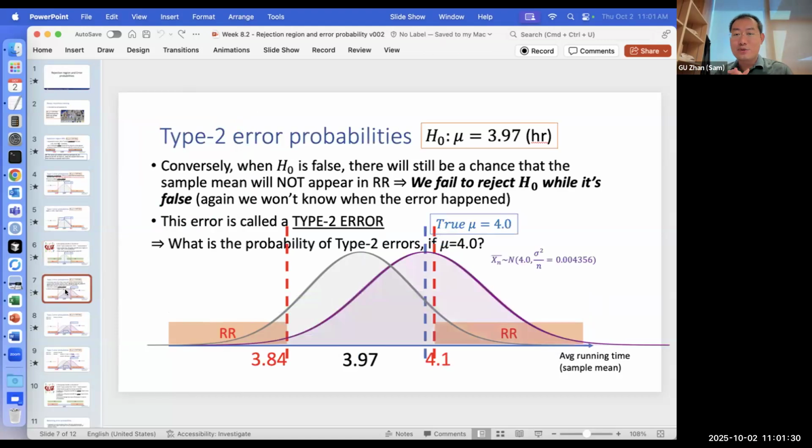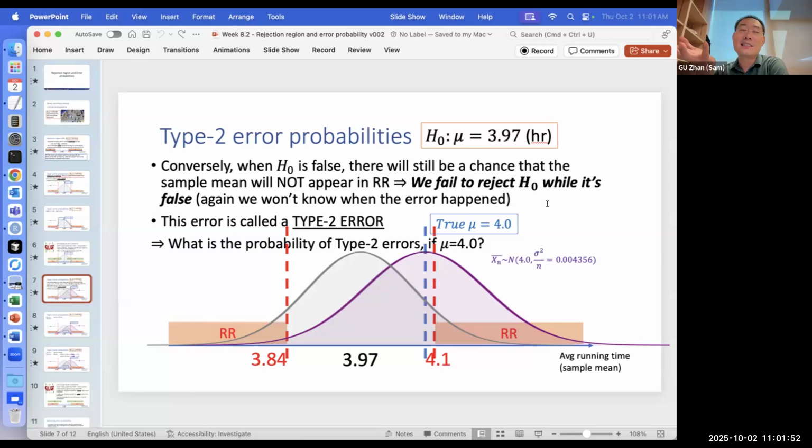Then we move on to type 2 error. Type 2 error is when H0 is actually false, but there's still a chance that the sample mean will not appear in the rejection zone. Then we fail to reject H0 while it is false. Again, we don't know whether the error has happened or not because we do not know the true mean.